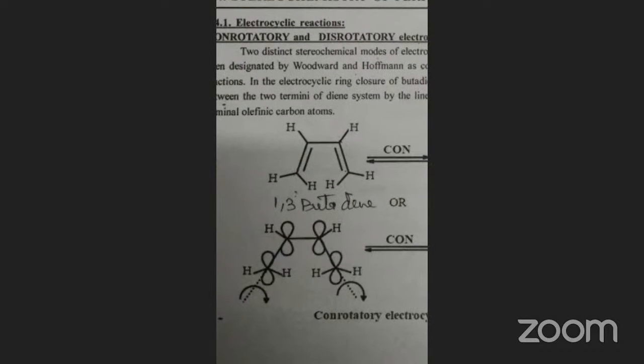Here, two pi bonds are there, which is nothing but a total of 4 p orbitals. So these are the 4 p orbitals. These dumbbell shaped orbitals can take the rotation. This one moves in the clockwise direction and this one is also moving in the clockwise direction.